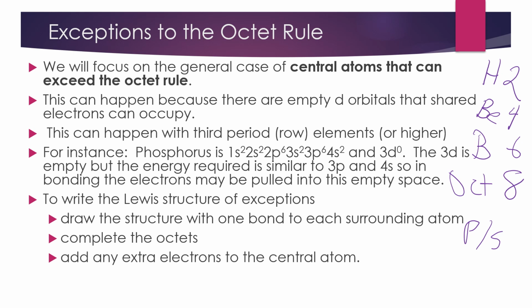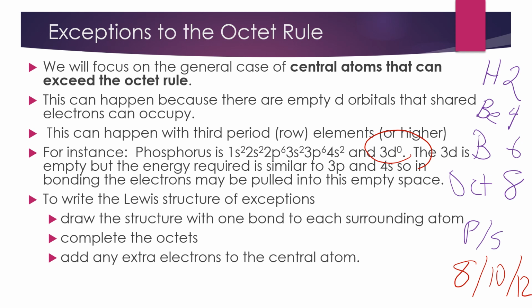And we said that phosphorus and sulfur could be 8, 10, or 12. Well, why can phosphorus and sulfur be 8, 10, or 12? They are on the 4th energy level. Sorry, they're on the 3rd energy level. And on the 3rd energy level, isn't there a d orbital? Do phosphorus and sulfur have any d orbital electrons?